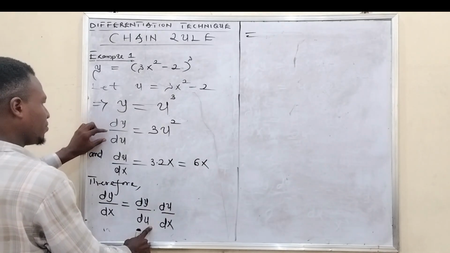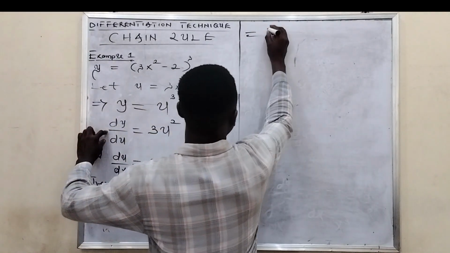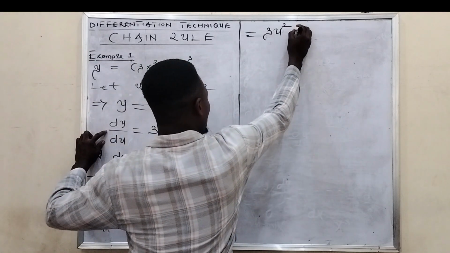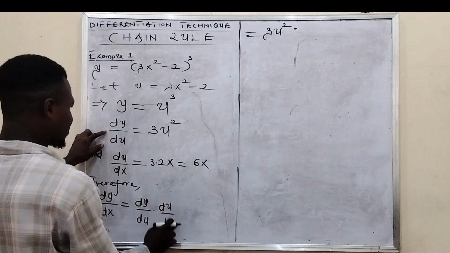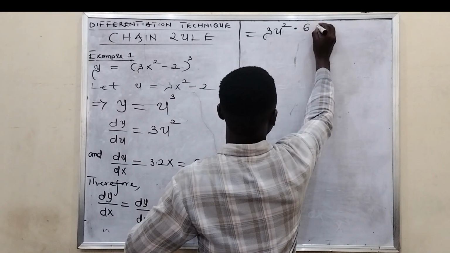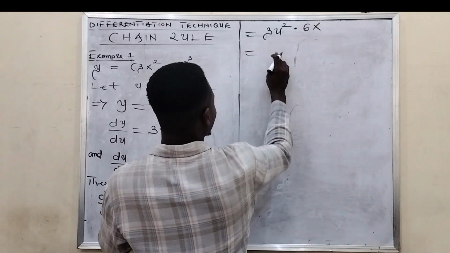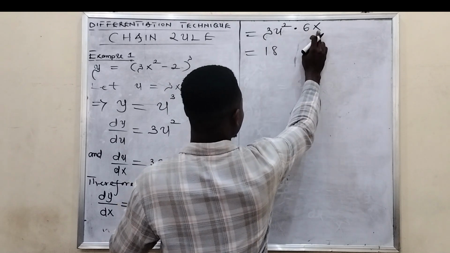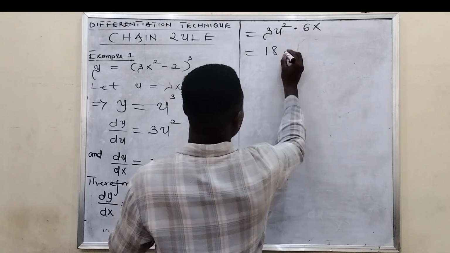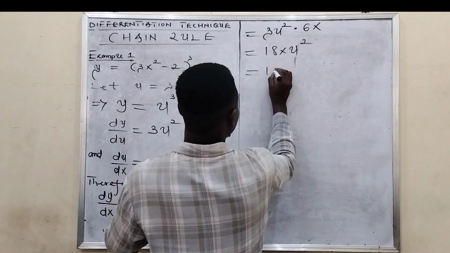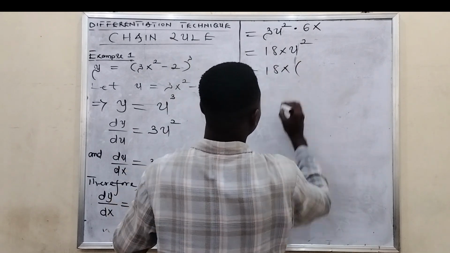The derivative of y with respect to u is 3u squared, so this is 3u squared multiplied by du/dx. du/dx is 6x, so we have 3u squared times 6x. When we multiply this together, 3 times 6 is going to give us 18, and this is equal to 18x u raised to the power of 2.